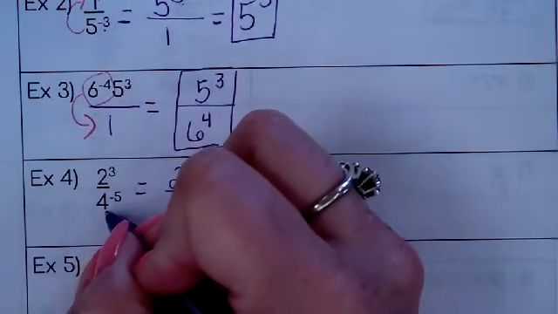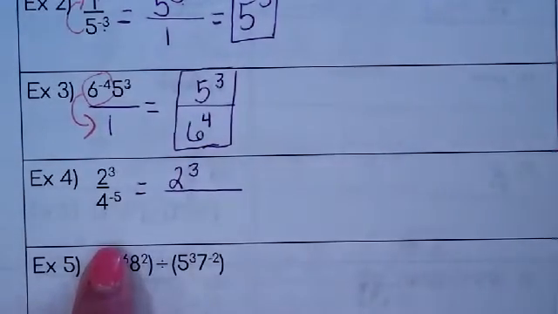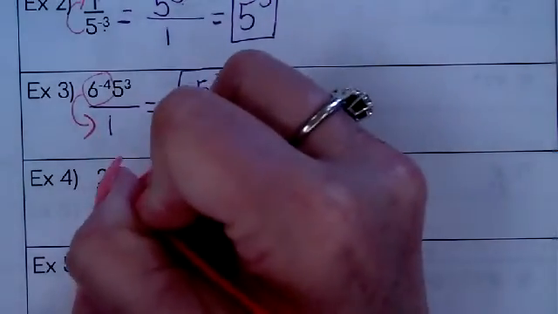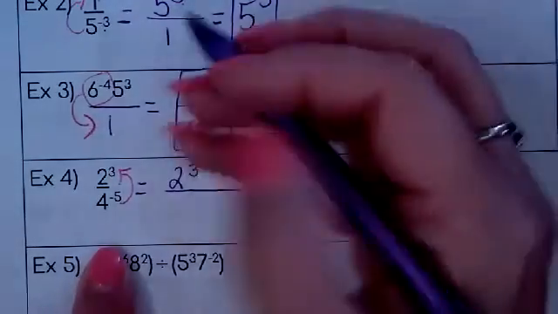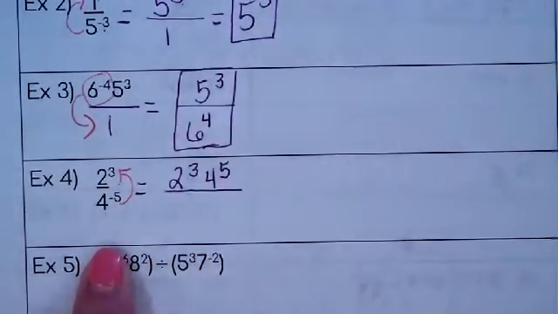Now, in my denominator, I've got 4 to the negative 5. I ask myself, does it stay or move? It's a negative. That means it's going to move, and it's going to move up. So I'm going to put 4 to the 5th power up here.